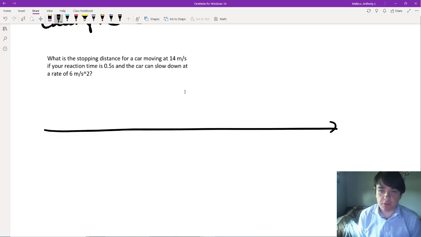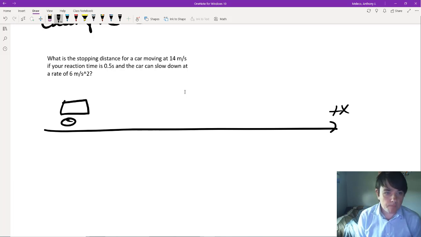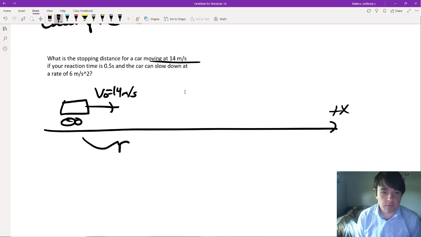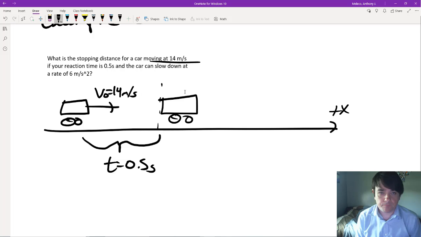I'm going to first set up our little thing right here. The car, we're told, is moving at 14 meters per second. We have a reaction time of 0.5 seconds. And then the car slows down at a rate of 6 meters per second squared.